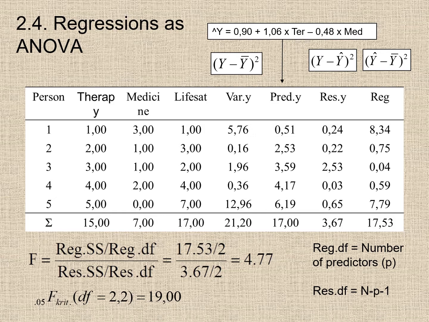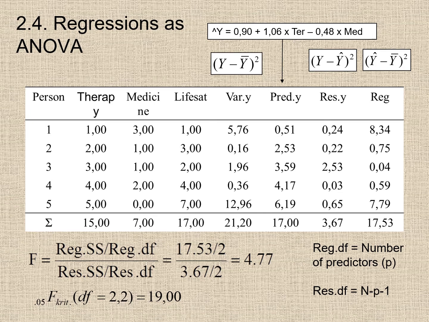How high is the probability of getting an F ratio that is this high if the amount of explained variance in the population is 0? You can't say it exactly, but by comparing with that value, you can say that the probability of getting our data, if it's 0% explained variance in the population, is more than 5%.